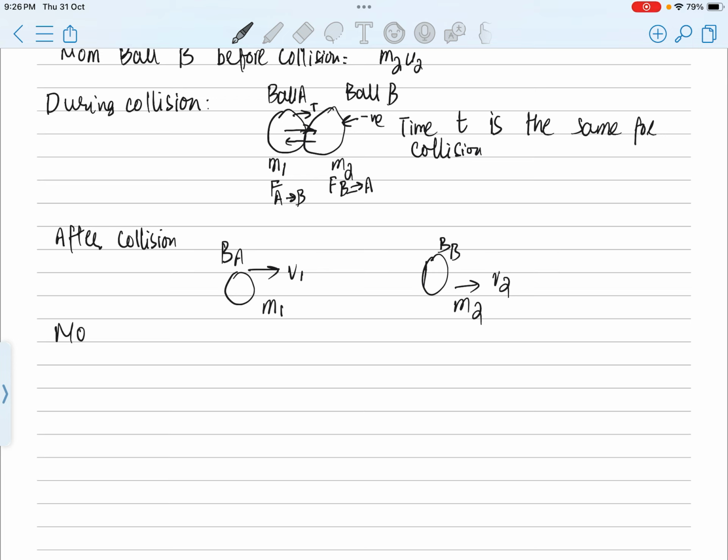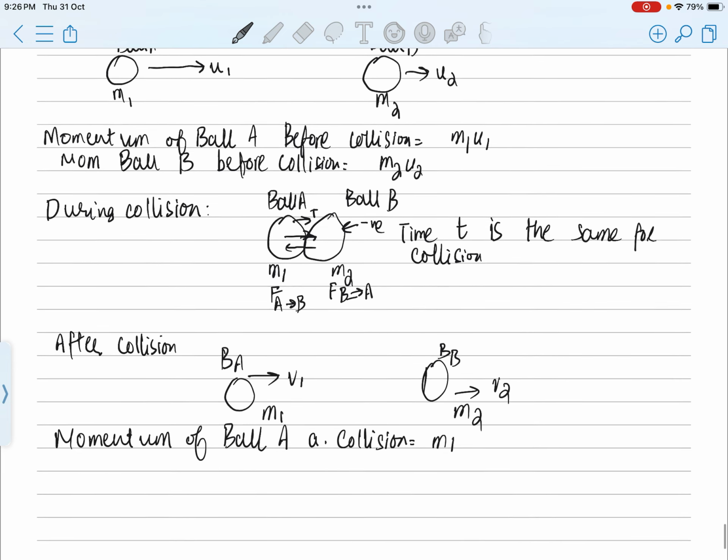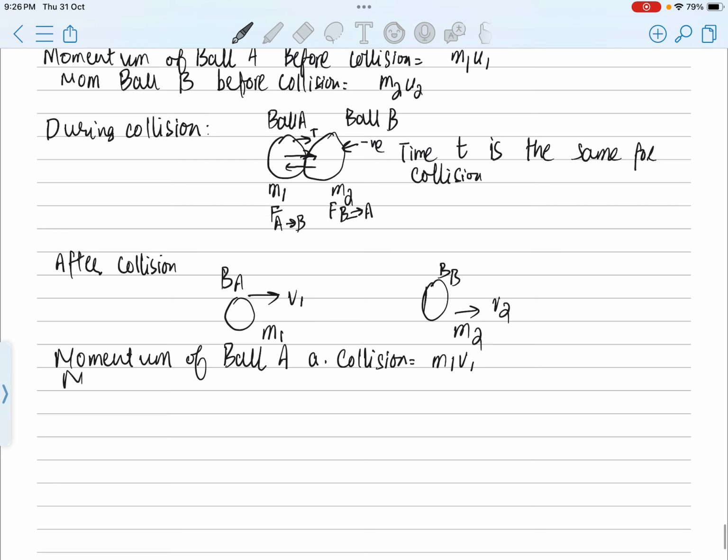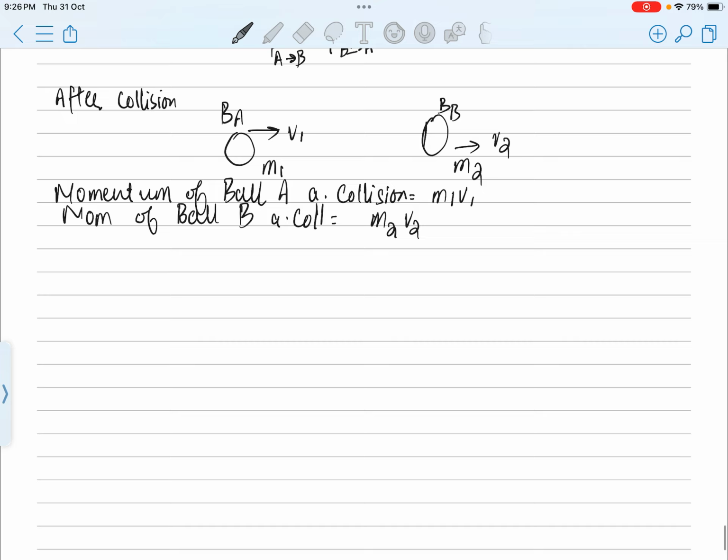So the momentum of ball A after collision is P equals mv, or sorry, this is m1 v1, and the momentum of ball B after collision is m2 v2.